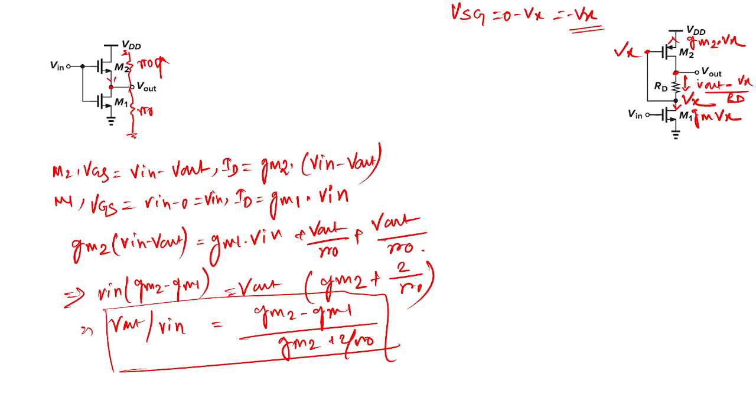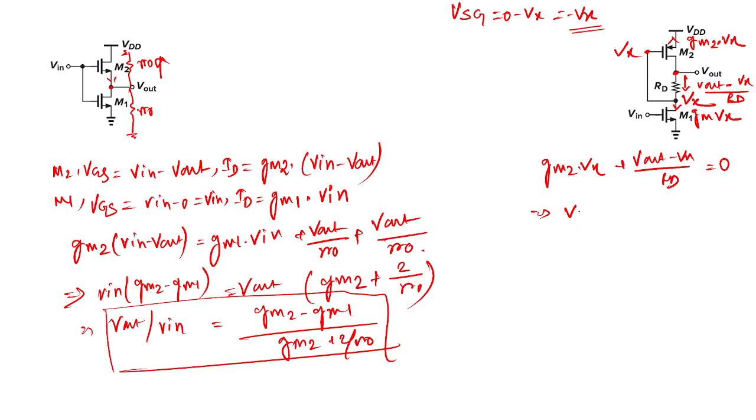So all these currents are actually the same, so you can write Gm2 Vx is the outgoing current plus Vout minus Vx by RT is equal to 0.